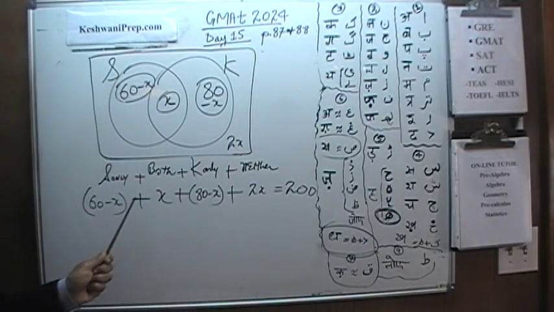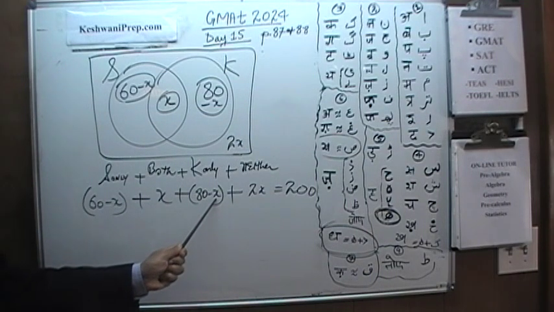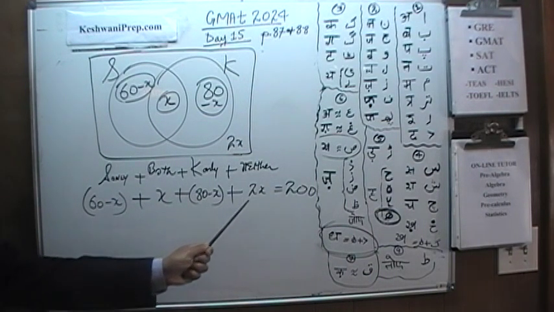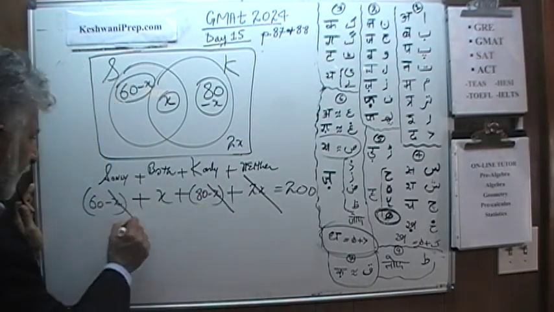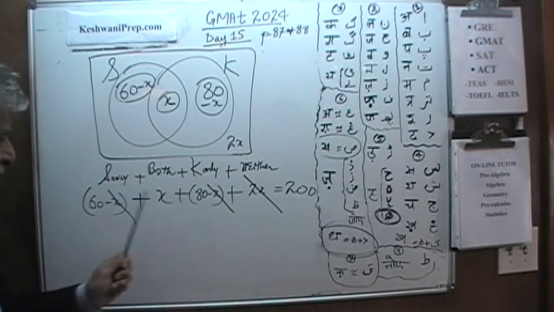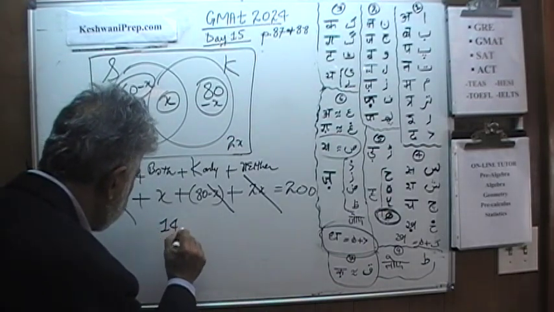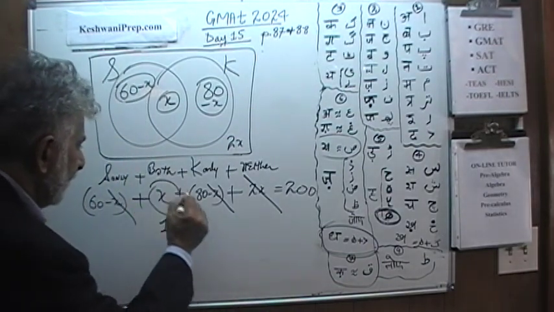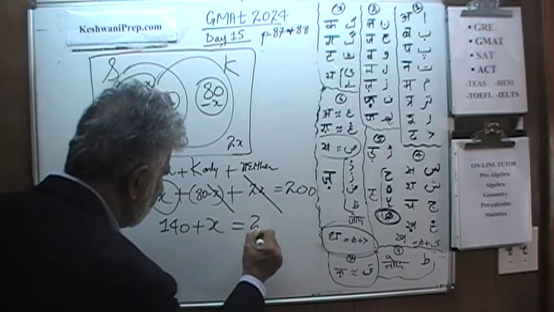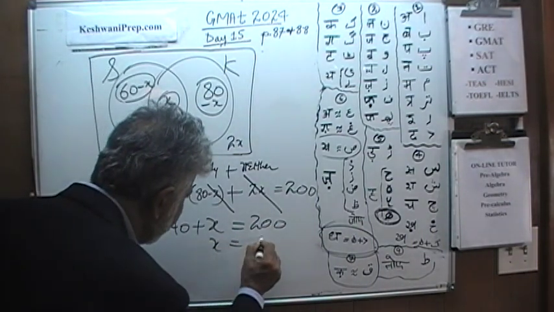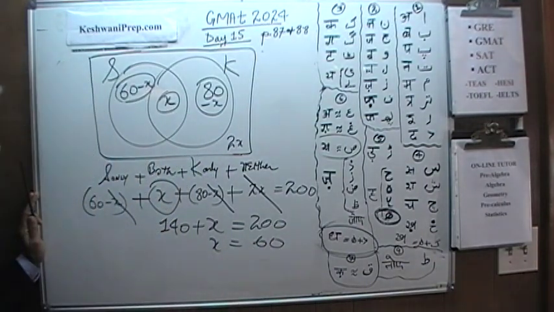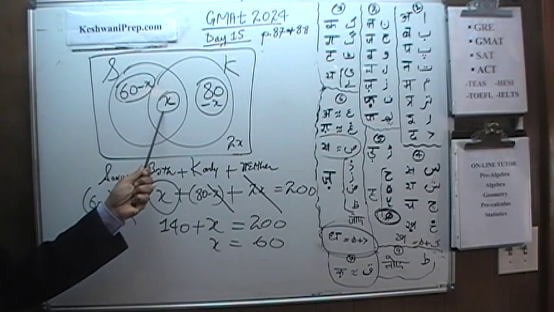You see that there is a negative x here, a negative x here, and then we have positive 2x. So this positive 2x will take care of this negative x and this negative x. 60 plus 80 is 140, plus this x right here, and that has to equal 200, which means x must be 60. But don't be hasty, that's not our answer. 60 represents the number of people who do both.